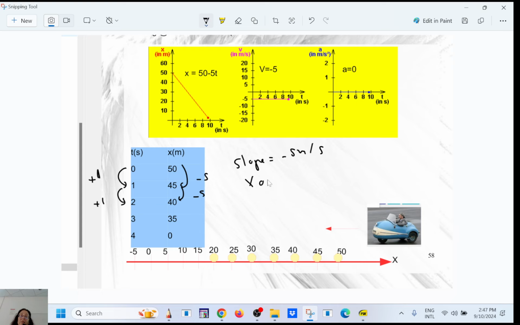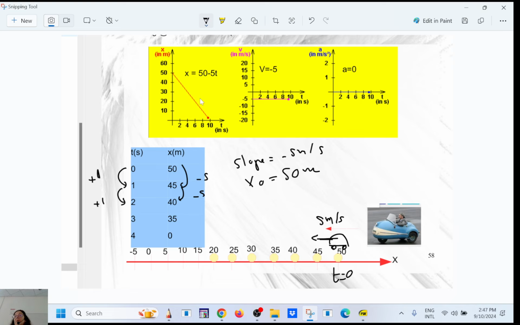Initial position is 50. So when you start your stopwatch, you're already moving here. You are moving here with 5 meters per second in magnitude, but you are moving to the left. Agree? Yeah.